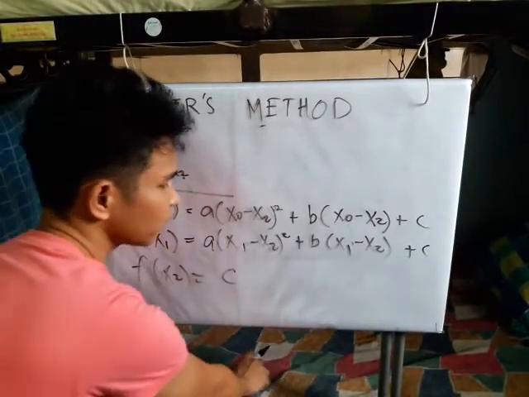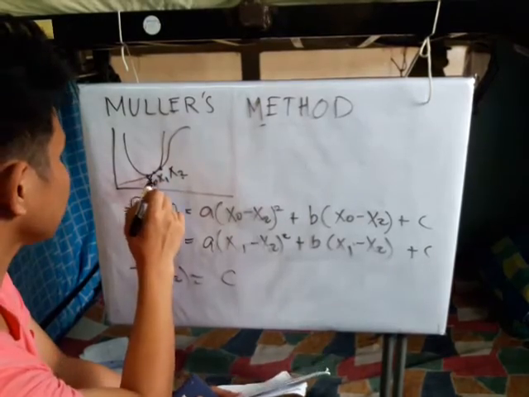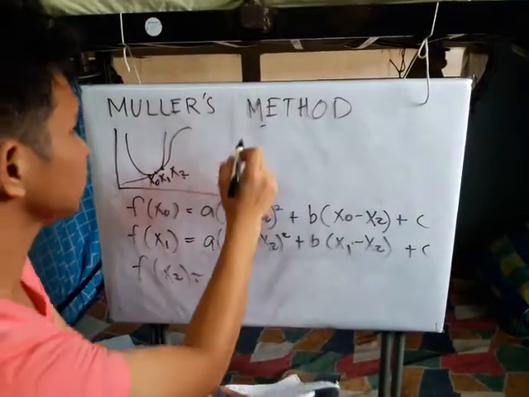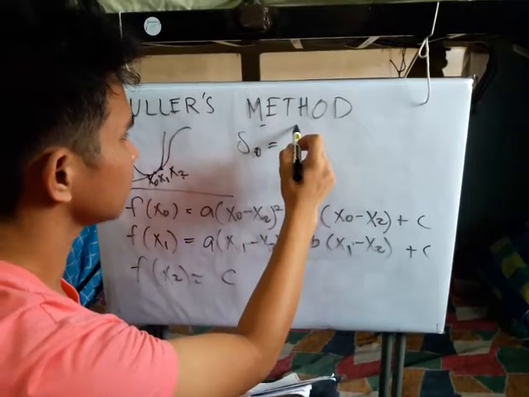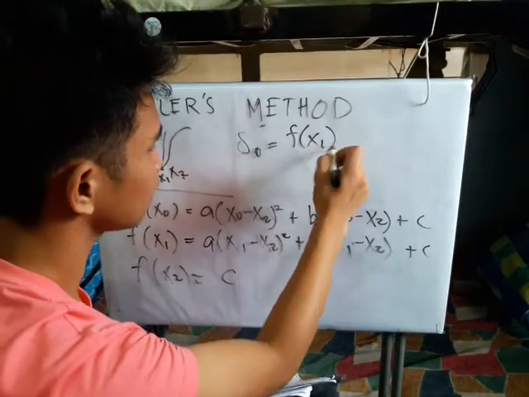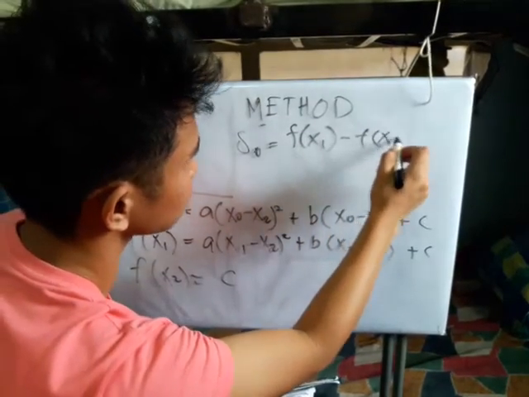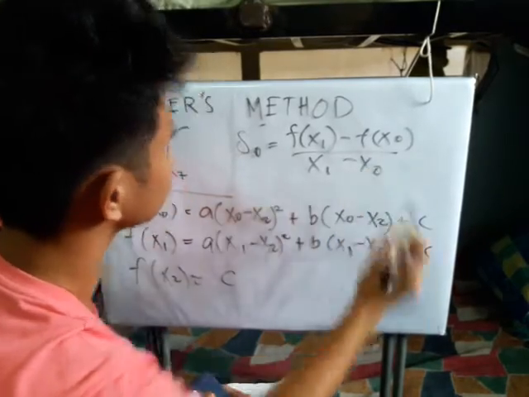So we can use these formulas to formulate the slope of the function from x0 to x1. So this will be delta 0, f of x1 minus f of x0 over x1 minus x0.